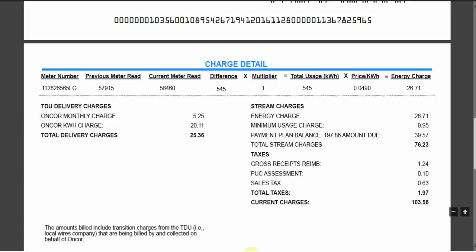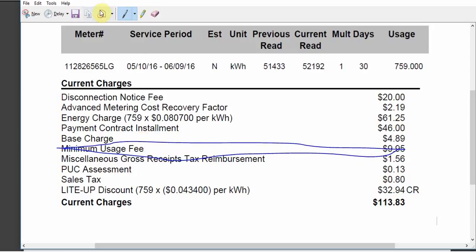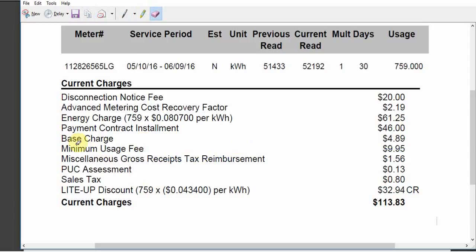And then this is a bill that I have with another company, okay? As you see, my usage was 759 here, okay? 759 there. And this company also did the minimum usage fee, okay? They also did the minimum usage fee on here. And they did the base charge, all that stuff, okay?